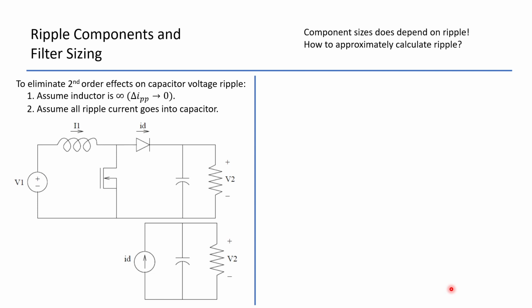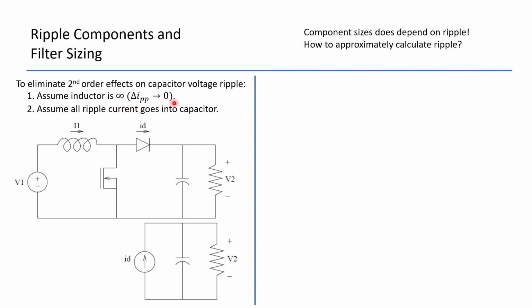So for analysis, in order to simplify and eliminate the second order effects on the capacitor voltage ripple, we assume an infinite value of inductor first.